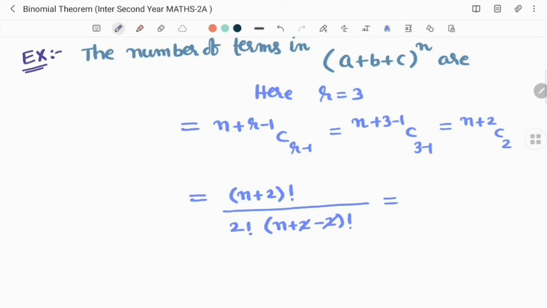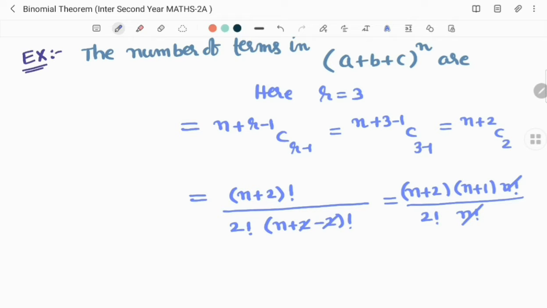n plus 2 factorial can be written as n plus 2 into n plus 1 factorial. Again, n plus 1 factorial can be written as n plus 1 into n factorial, divided by 2 factorial into n factorial.